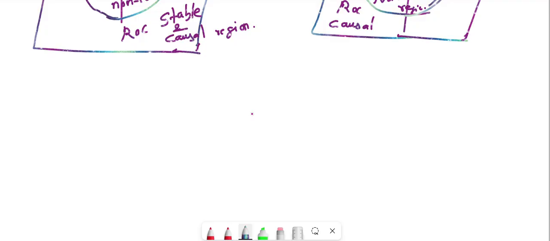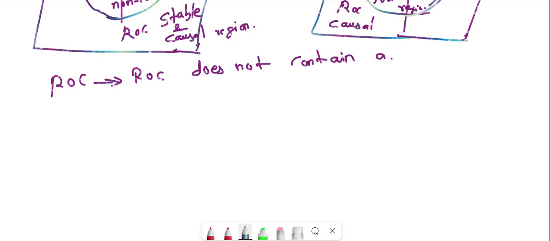Now normally, for a right-sided sequence, the ROC does not contain any poles.